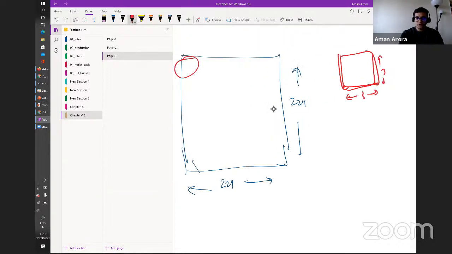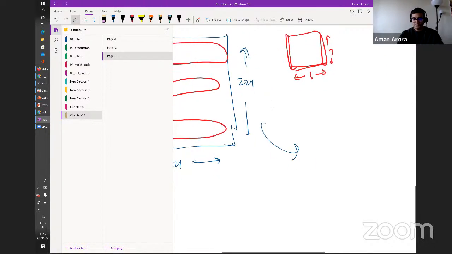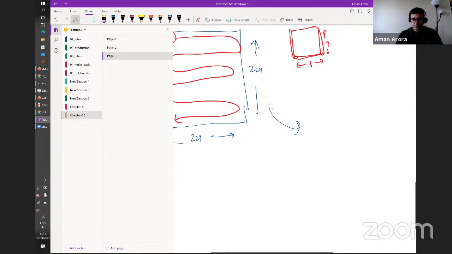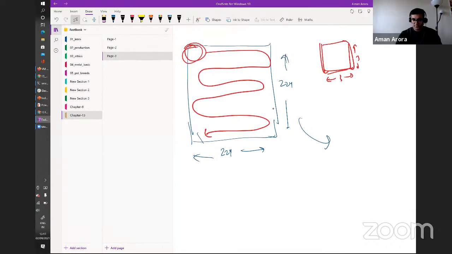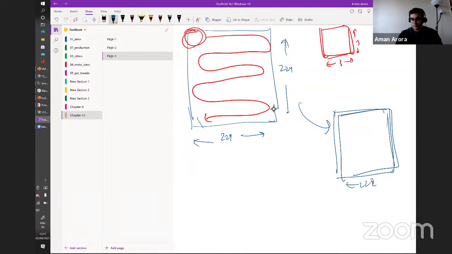Now, if this convolution kernel goes all the way across my image, then my output is going to be 22 by 22, because it's going to miss the two boundary locations.